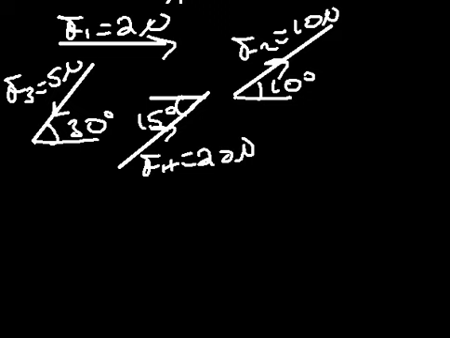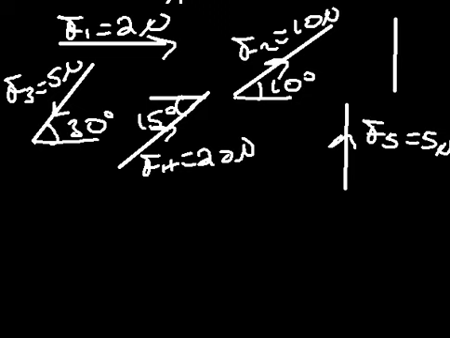And let's say we have another vector going vertically upward. Let's say f5, given as 5 newtons. And we have another vector pointing downwards, let's say f6, given as 1 newton.